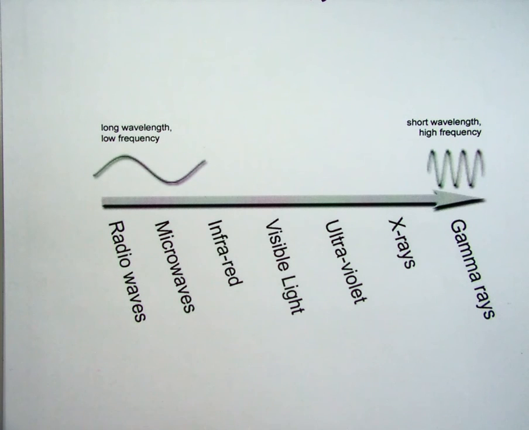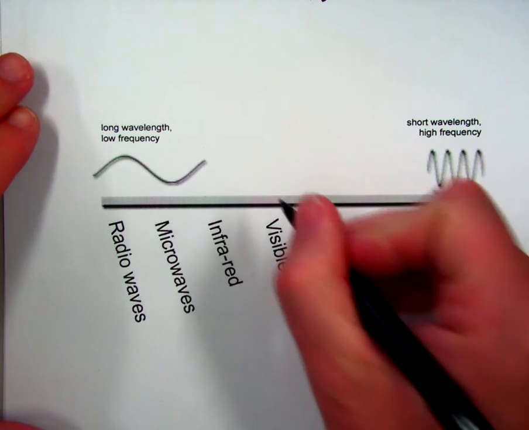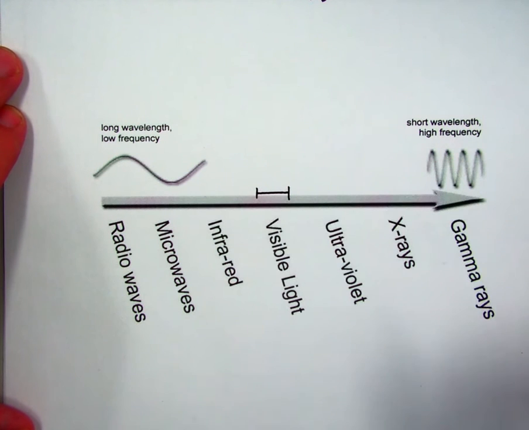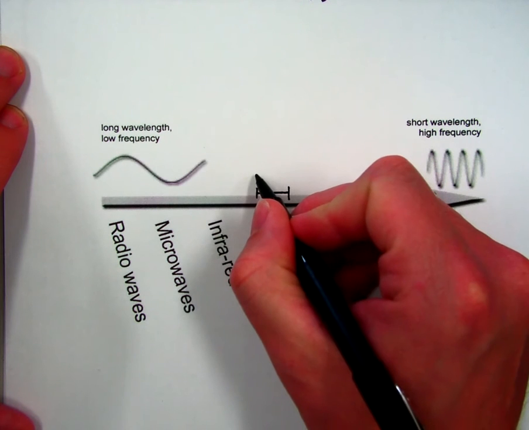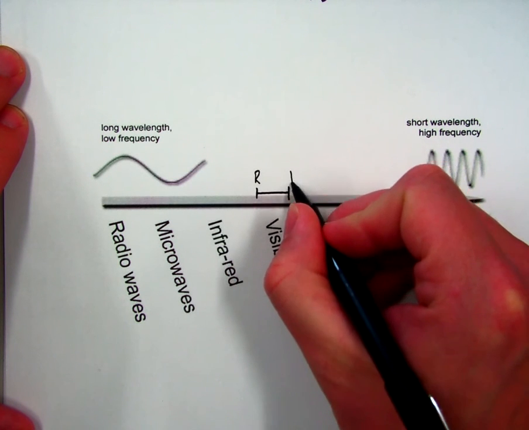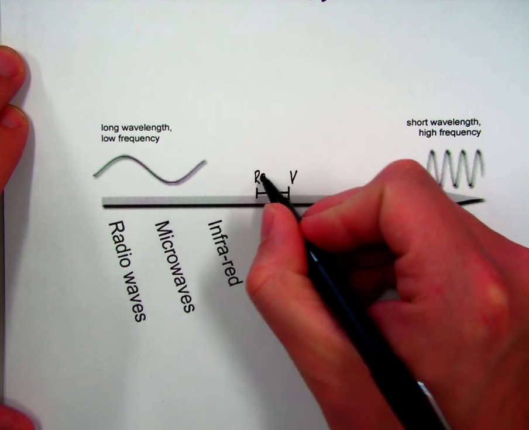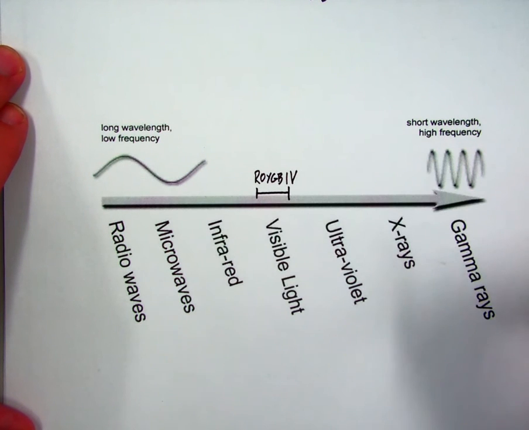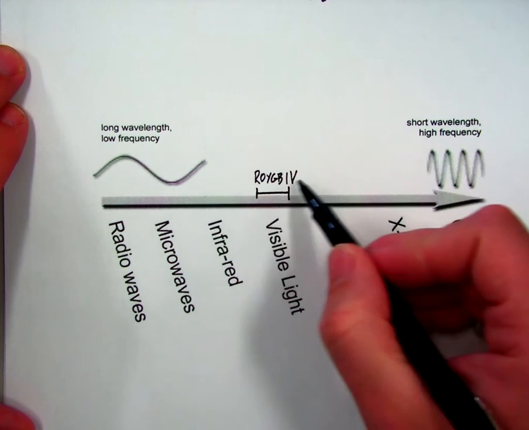So just to get a basic understanding of this, humans are able to see a very narrow region within this electromagnetic spectrum. The longest waves we can see are red. The shortest waves we can see are violet or purple. And red, orange, yellow, green, blue, and indigo are in between. So these are the light waves that we can see.